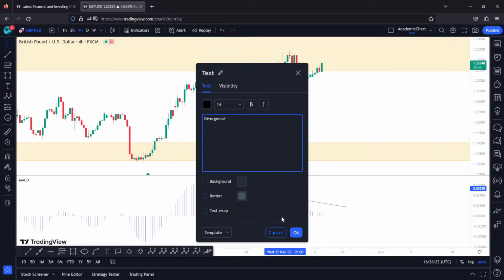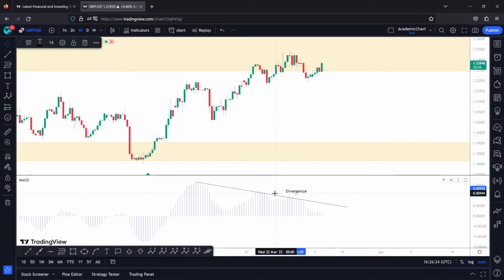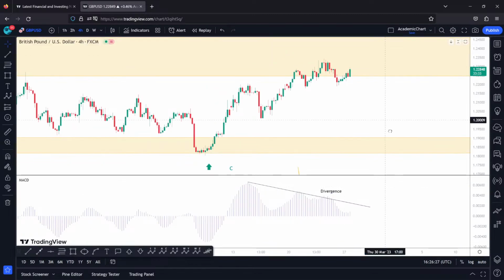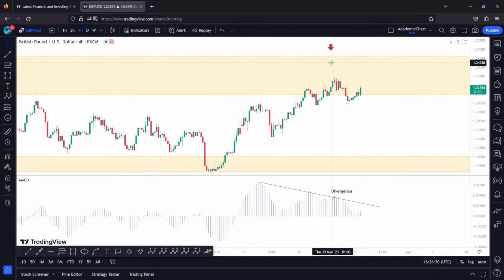So with that, it is an indication of reversal. Another point is that we are reaching this very important weekly resistance zone, a strong zone, for the third time.